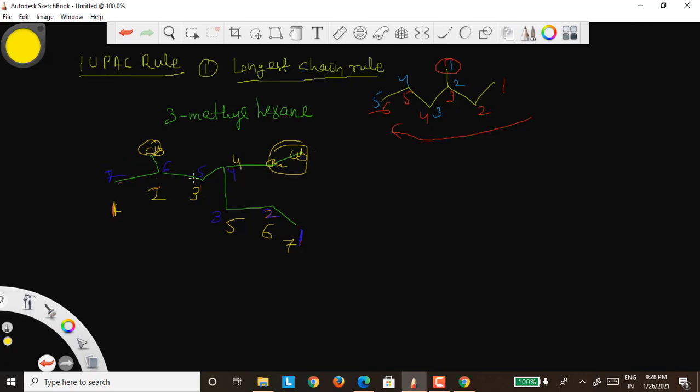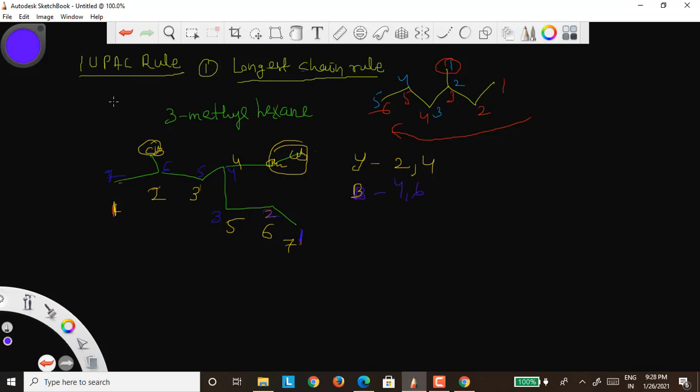Let us make them round. These two substituents, if you number with yellow color, are coming at the 2 and 4 positions. With indigo blue color, the substituents are coming at 4 and 6.